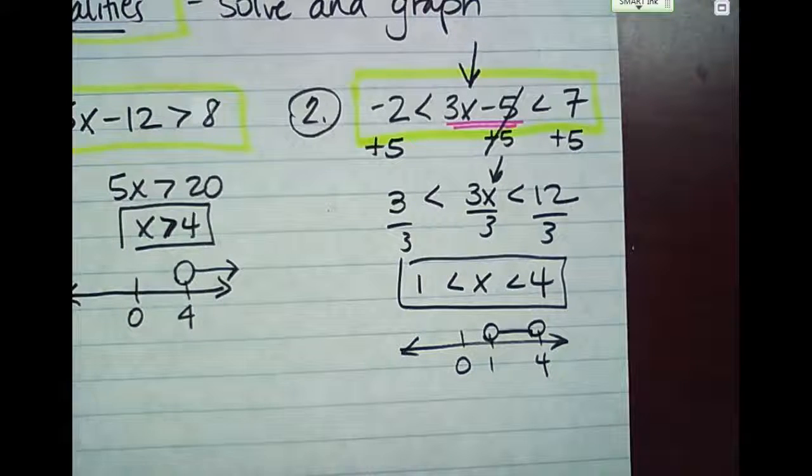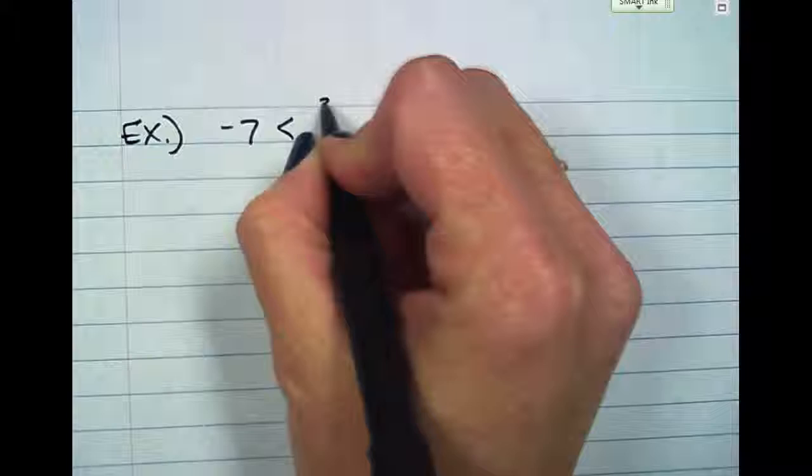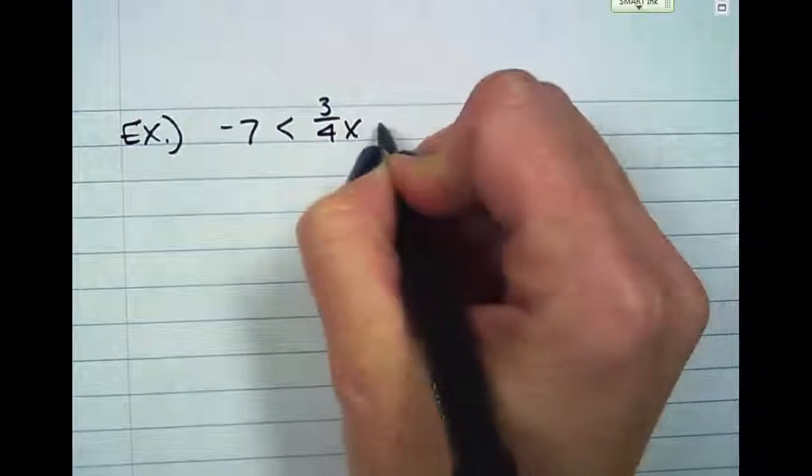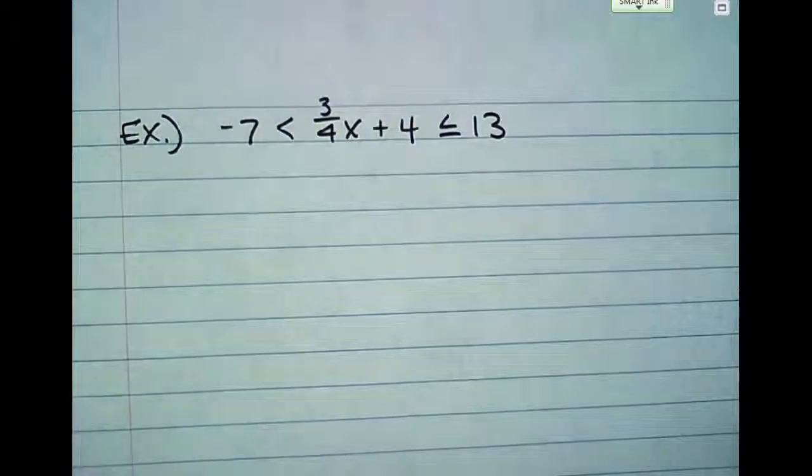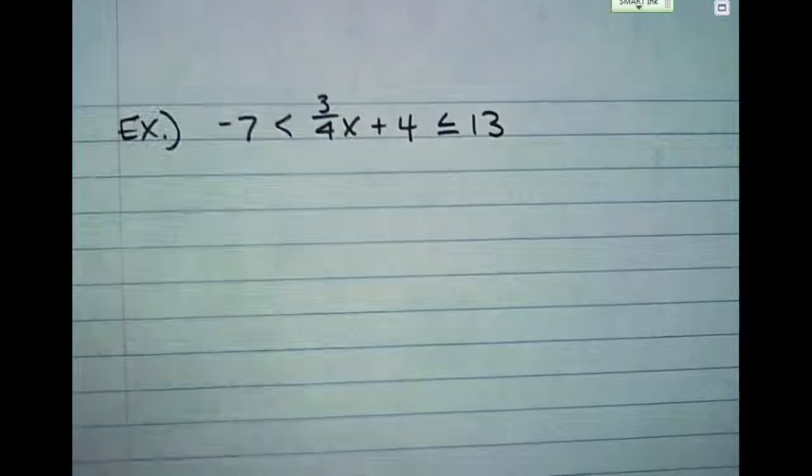I'm going to do one more like that and see how you can do with it. There's an equal to sign there. Don't worry about it. Just work it the same way.